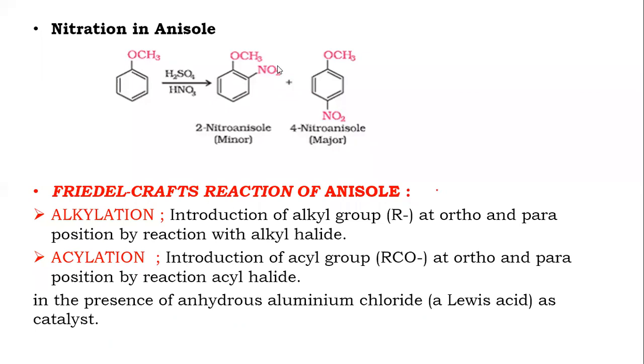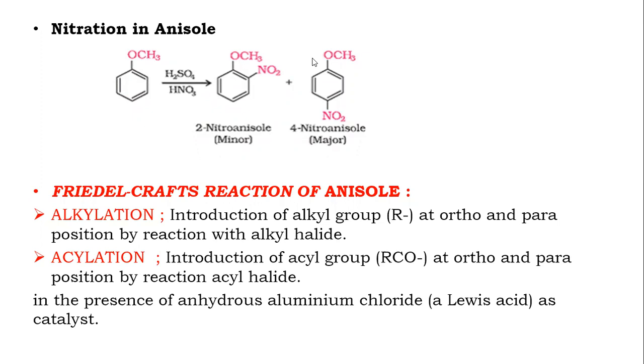The presence of the catalyst is a must here, so the catalyst, that is aluminum chloride, helps to catalyze the reaction, and the reaction takes place in the presence of aluminum chloride, which behaves like a Lewis acid, because in the structure of aluminum chloride, aluminum has only 6 electrons.